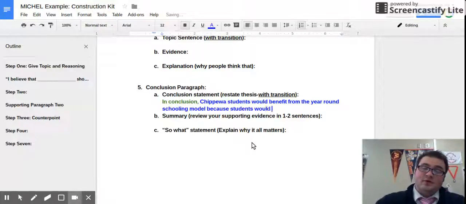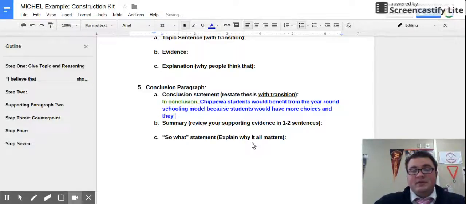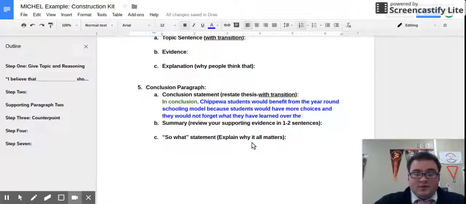Because students would have more choices, and they would not forget what they have learned over the 3-month break. Okay. Says the exact same thing as my thesis statement, but again, it's worded differently.